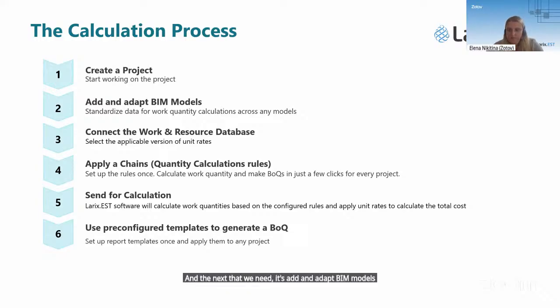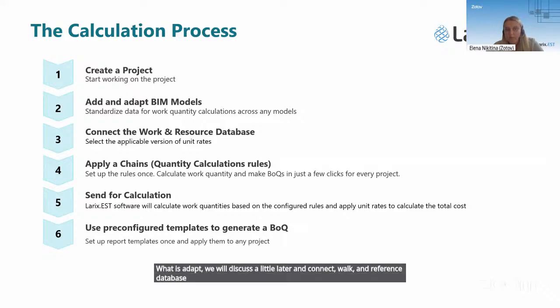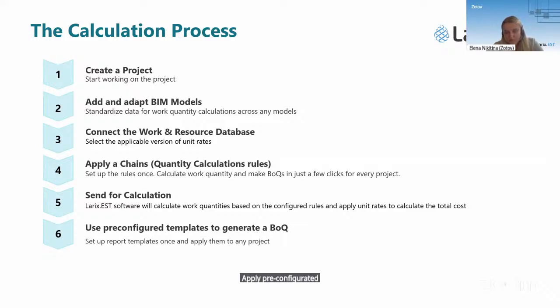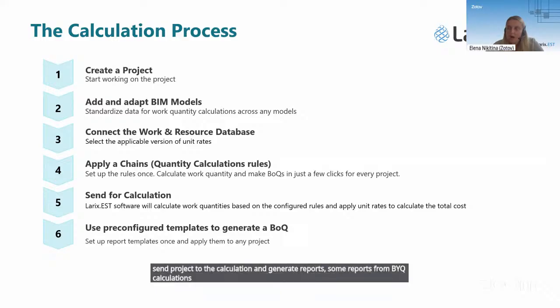What adapt means we will discuss a little later. Then connect work and reference database. Apply pre-configured calculation rules. Send the project to the calculation and generate reports, some reports from BOQ calculations and some other results.